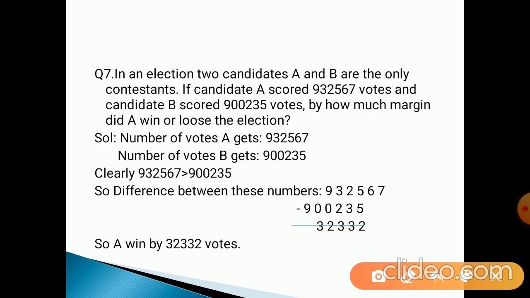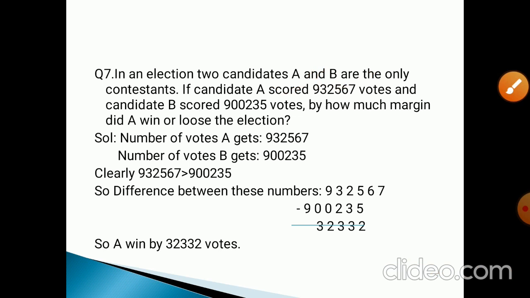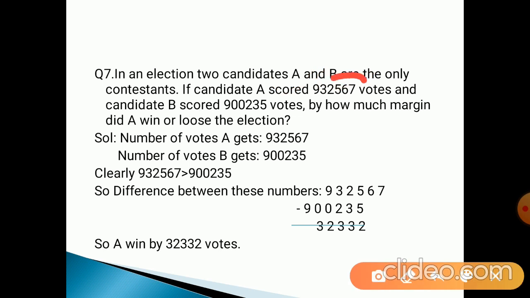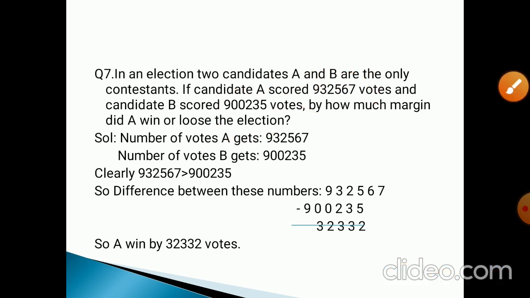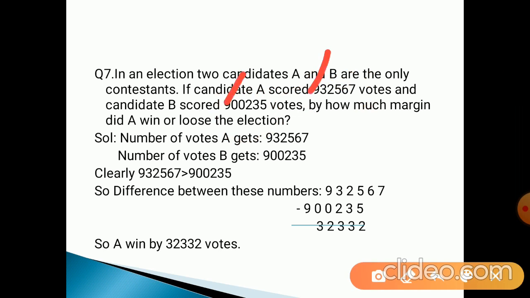So what this question is asking is, in an election there are two candidates, A and B, and A got this many votes and B got this many votes, and we know how to compare two numbers. 9 is the same as 9, so we move to the second digit.